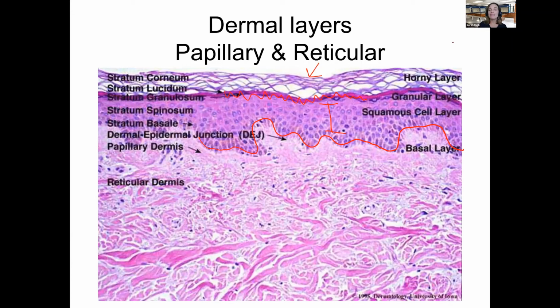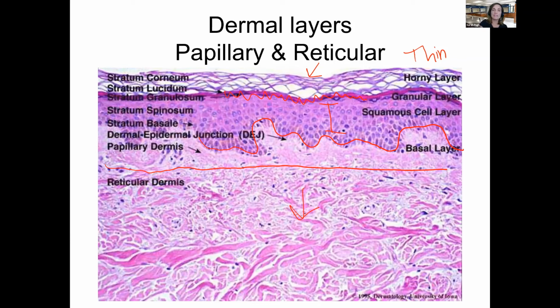But I like this image most because of the dermis. If you look at the dermis, everything below that little red line that I drew, notice right in here, I'll draw a line, everything all in here is the papillary layer. And you can look at that layer and tell that the tissue in there is different from the tissue down here in the reticular layer.